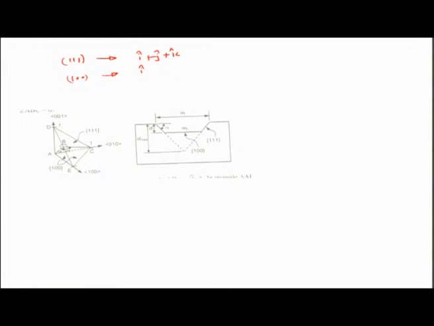So when we talk about a dot product between these, let's say this is vector A and this is vector B, and we have A dot B provided through modulus of A modulus of B cos of the angle between them, in this case the angle being alpha between the 100 direction and 111 direction, and modulus of A vector in this case comes out to be equal to root of 3, and that of B vector in this case comes out to be 1.